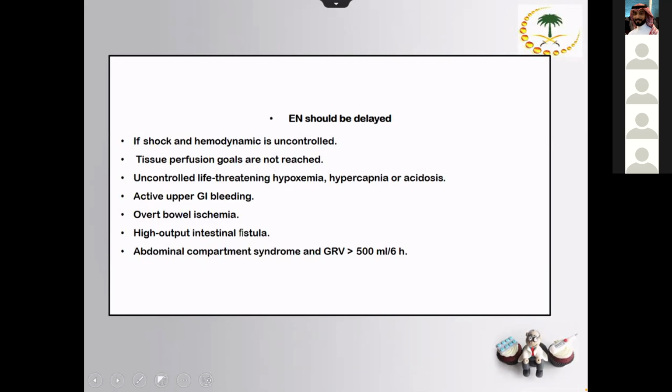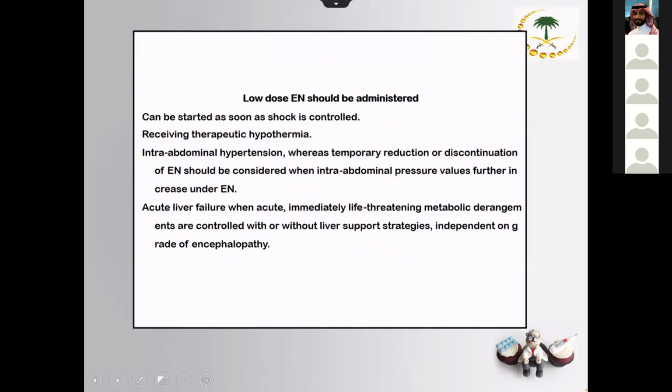Sometimes the patient also gets edema. Sometimes we need to give the patients lower needs, maybe 15% of the requirement.